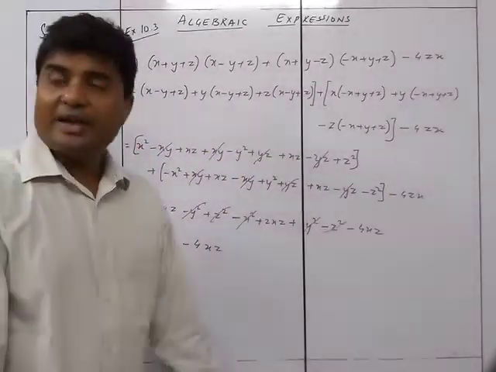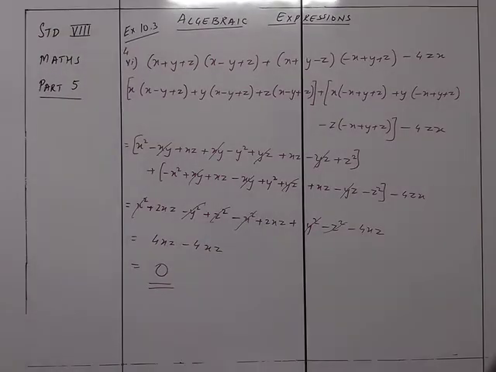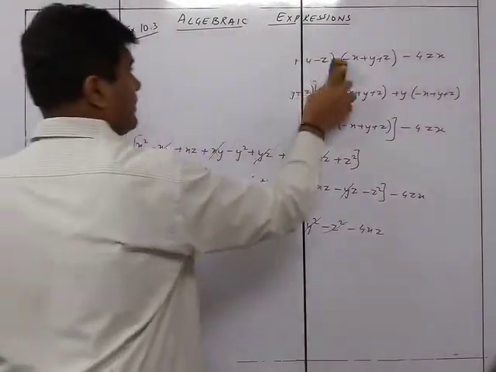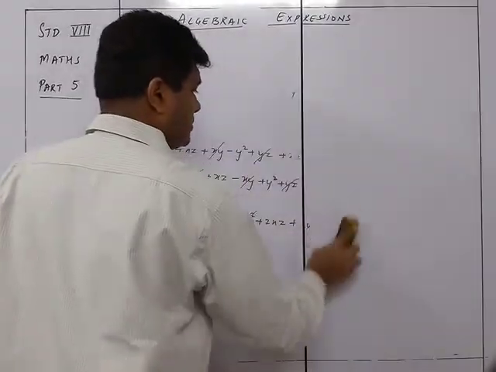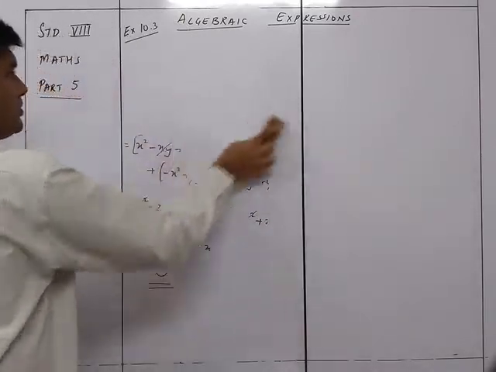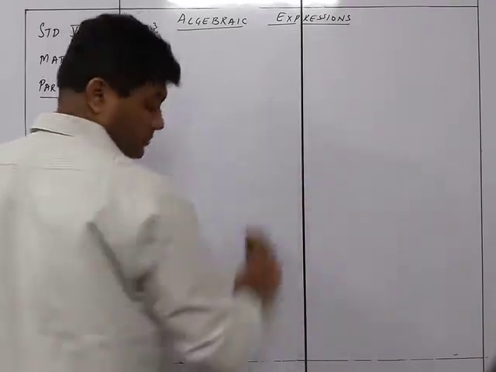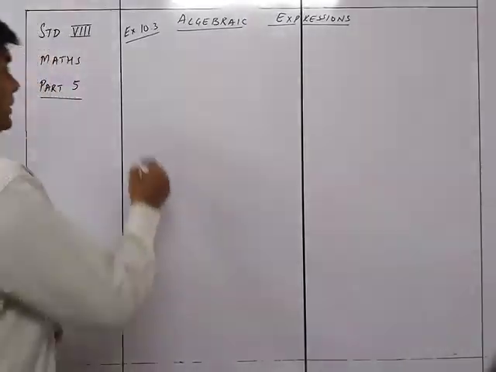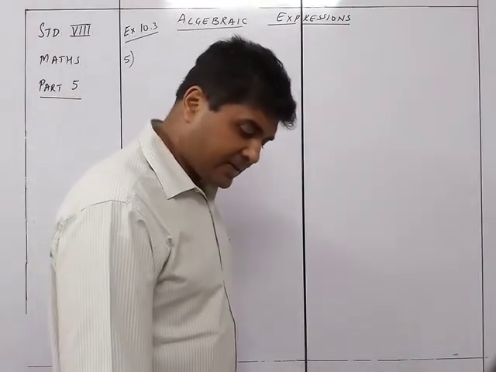We now move on to the last, that is question number 5. If two adjacent sides of a rectangle are this and this, find its area.